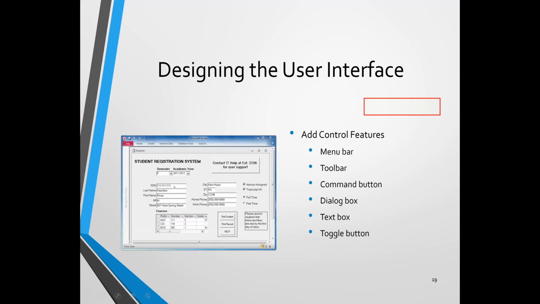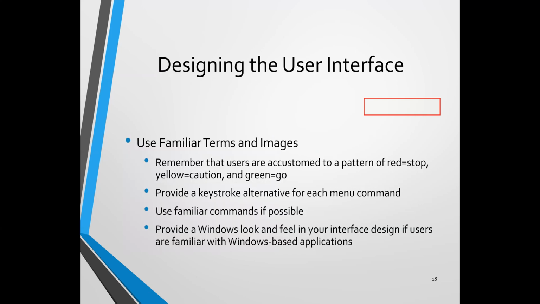When you have entered SSN already and you want to enter last name, somebody may click on last name and type, but the shortcut is the tab keystroke. In a field list like this, use the tab keystroke, or if you press enter, it jumps to the next cell for you automatically. So this is something you have to know: provide keystrokes as the alternative for each menu command.